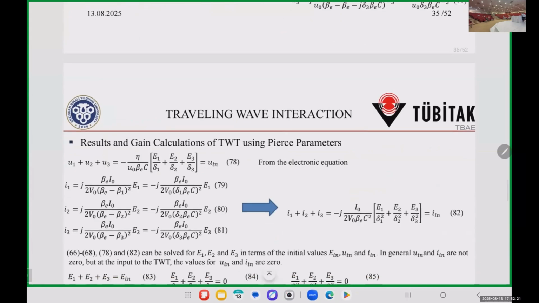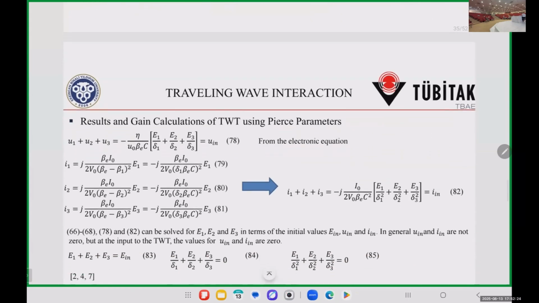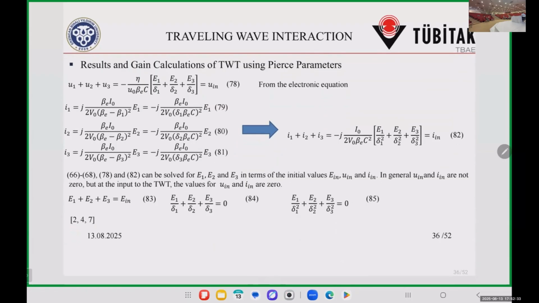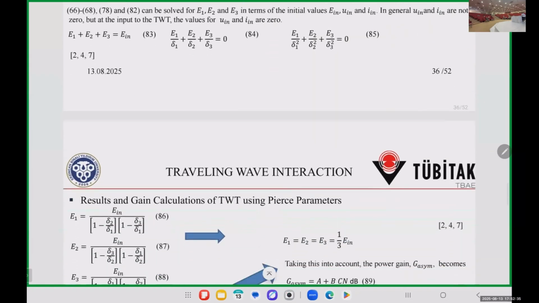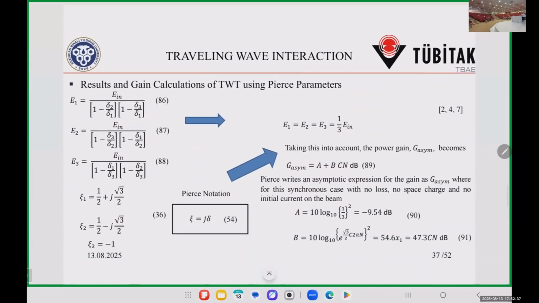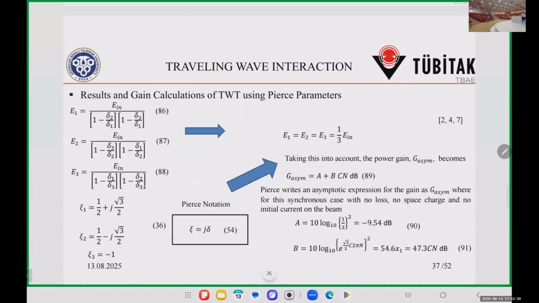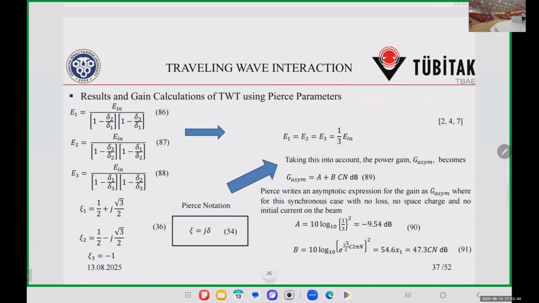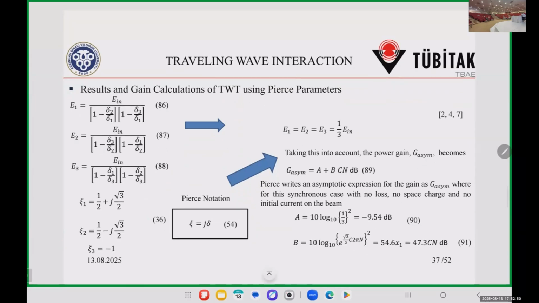If we apply a boundary condition at the end of the traveling wave tube, then finally we can obtain these equations. Finally, we can obtain this equation. Equation 89.